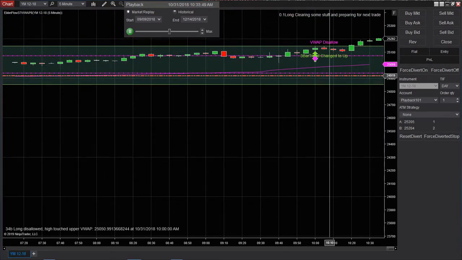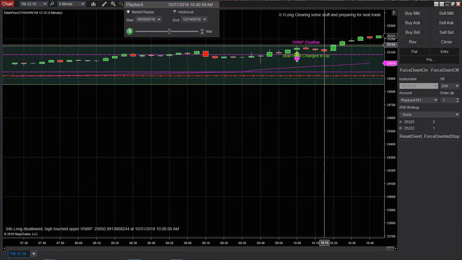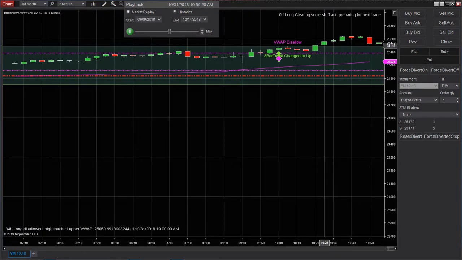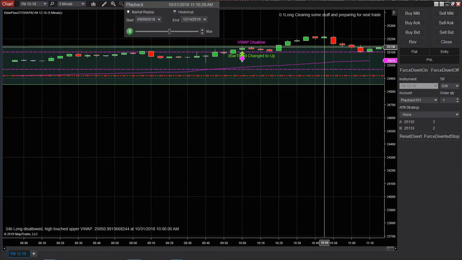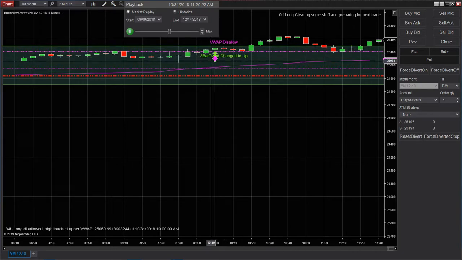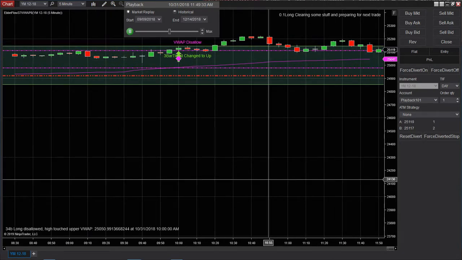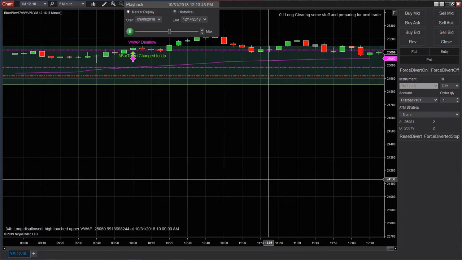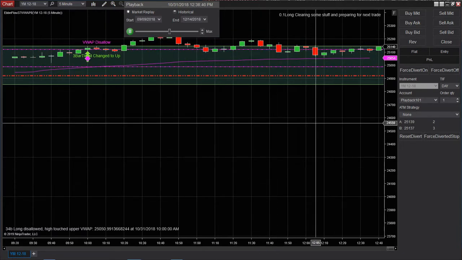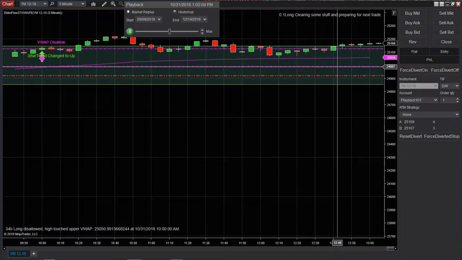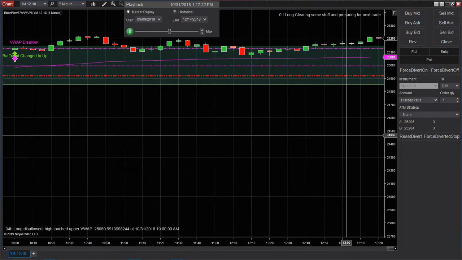And it crossed over and made a 3-bar close above. And it was so high it was above the VWAP. So we got an instant VWAP disallow. But here, if it pulls back to this pink line, we will get a VWAP allow.